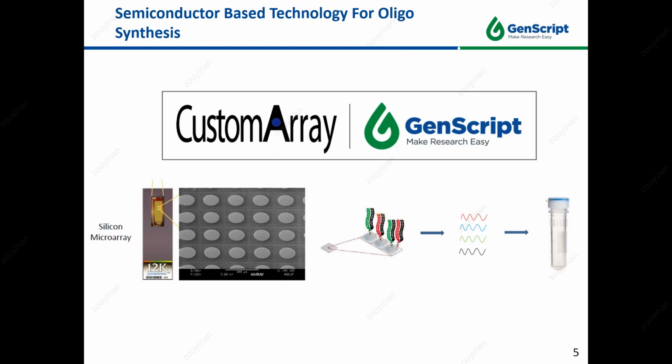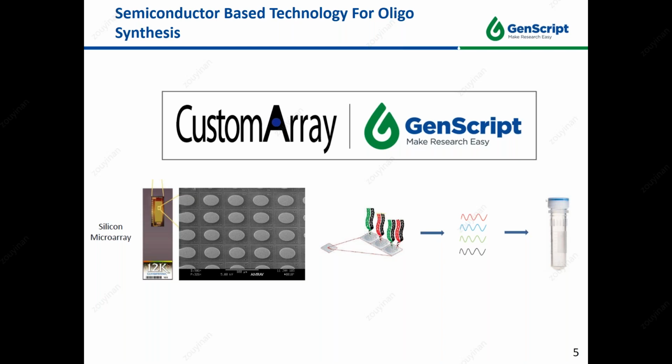Here at GenScript, with the acquisition of CustomArray, we can proudly employ advanced semiconductor-based technology to produce single-stranded DNA for library construction. The custom oligonucleotide microarray is synthesized using a semiconductor-based electrochemical synthesis process. Each oligonucleotide probe is synthesized by a platinum electrode that is independently controlled by the synthesizer's computer.